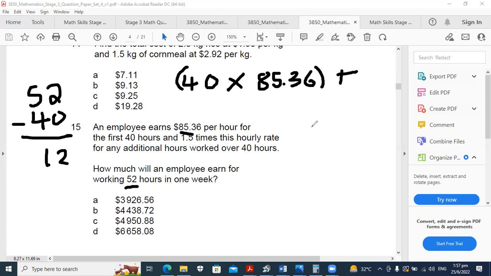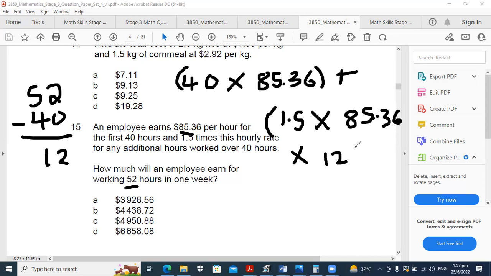So to work out that now, it's going to be 1.5 times the $85.36 multiplied by the amount of overtime hours. That's what you have to do to work out all of this.